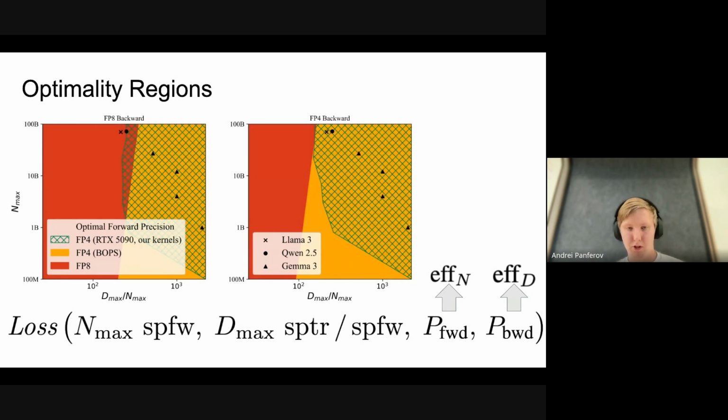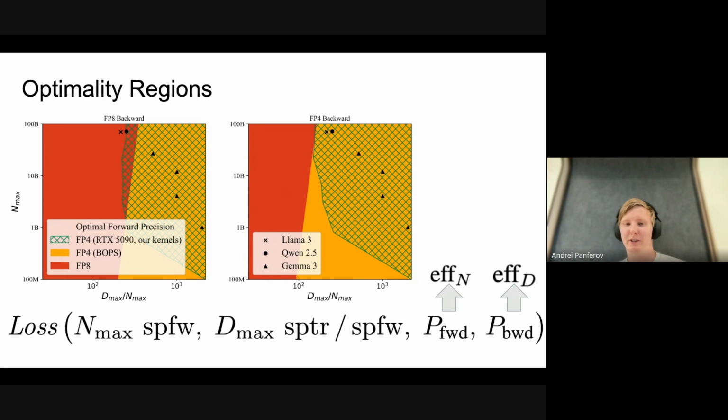And interestingly, most models that have been trained in the past few years actually fall into this region of FP4 being optimal, meaning that if those models were trained in FP4 under the same inference and training compute budgets, they would probably yield better loss.